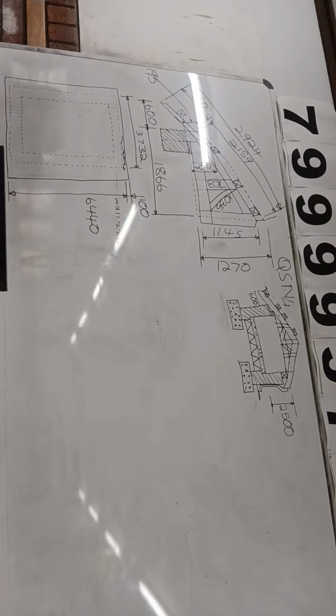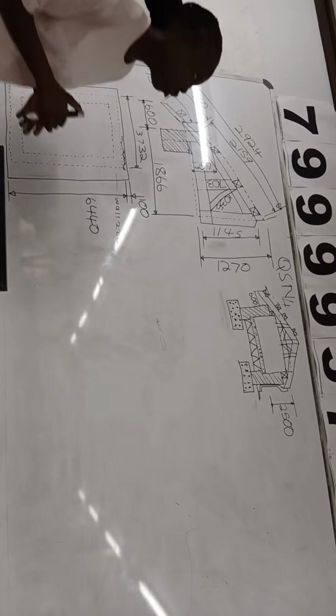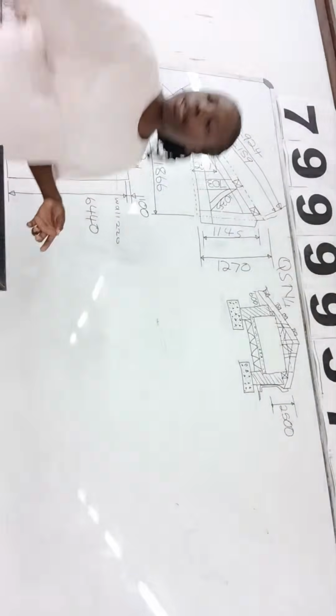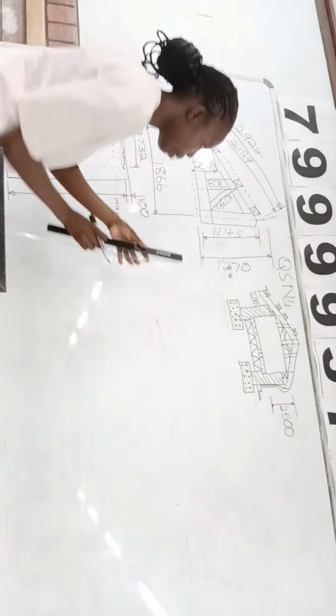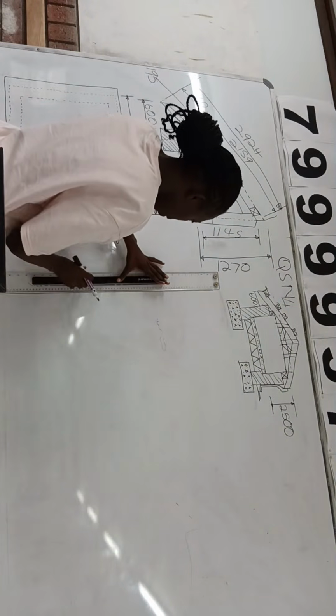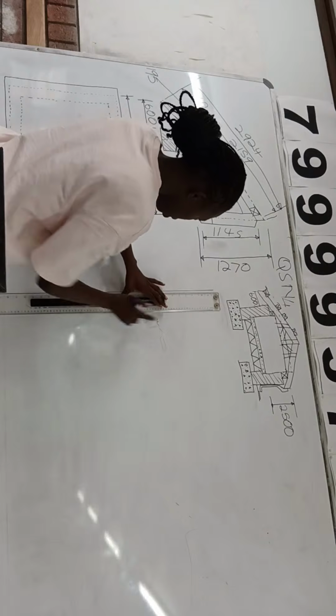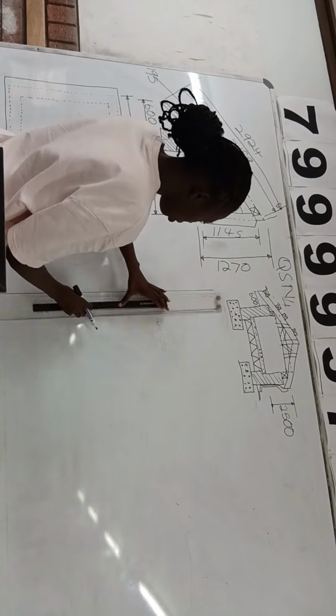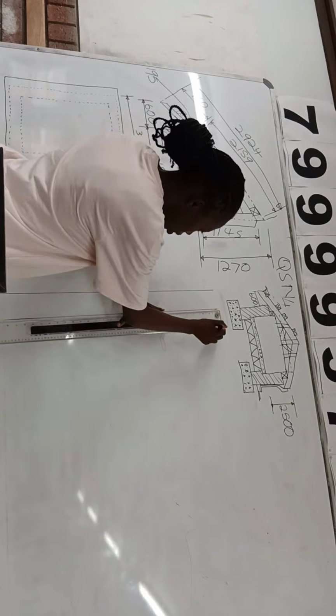The first thing that we're going to take off is what? The gable wall, like it's the wall. So you're going to do a dimension paper. Dimension paper has 3 small lines, 1, 2, 3.